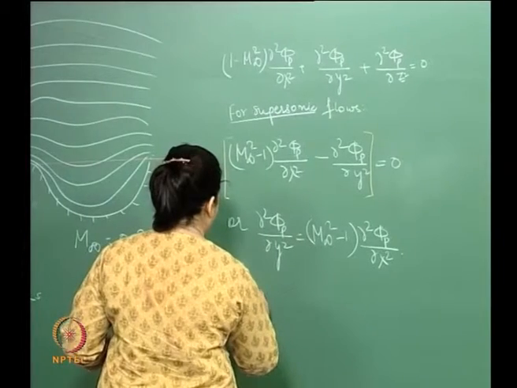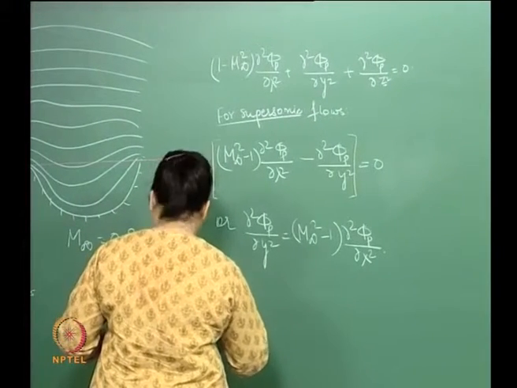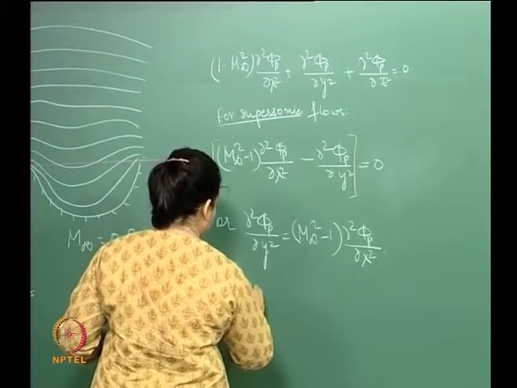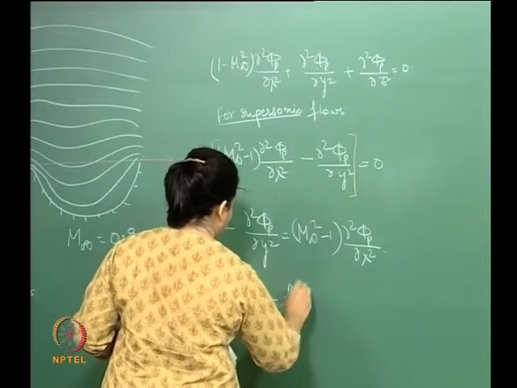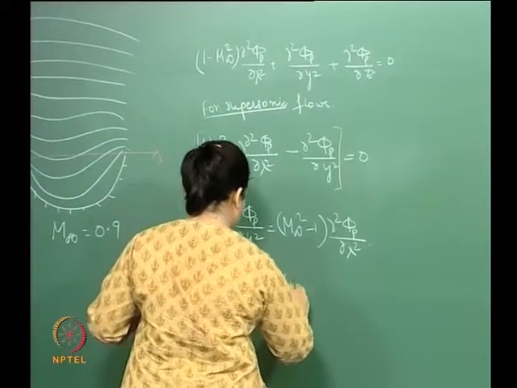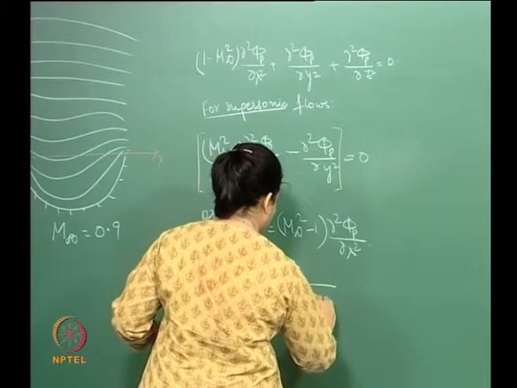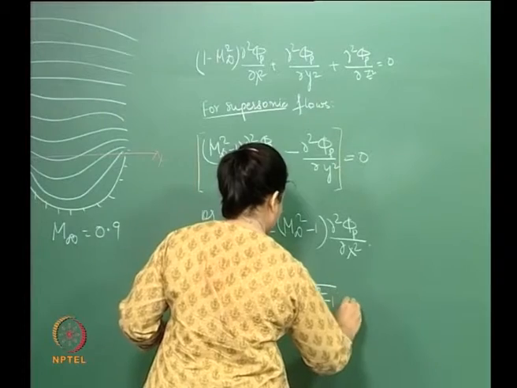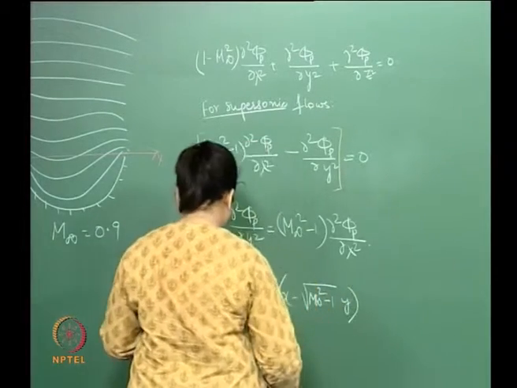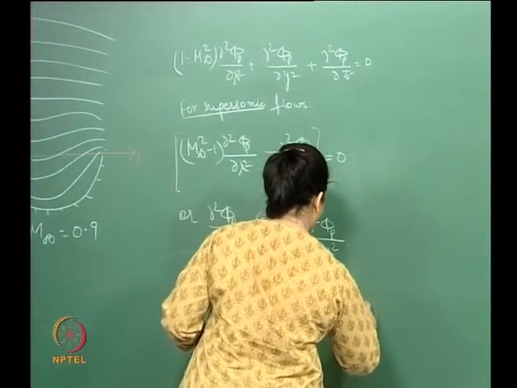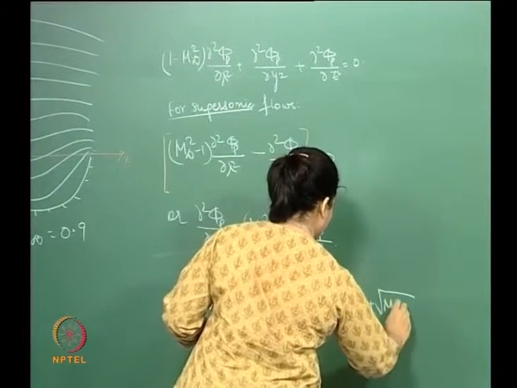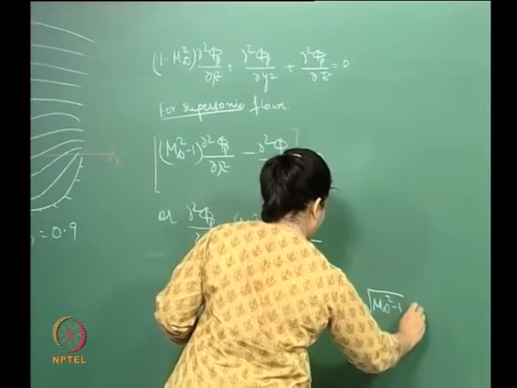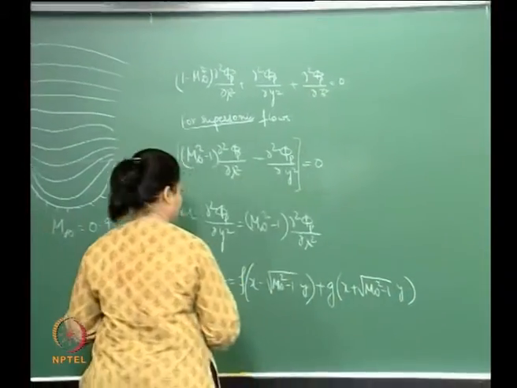So we will take two arbitrary functions and say phi p here, which is a function of x and y, is therefore equal to, say, right.